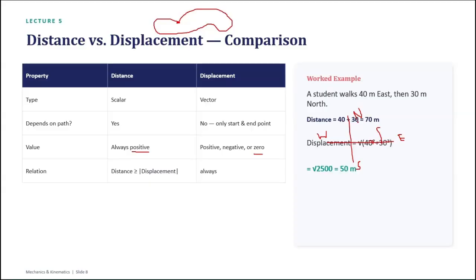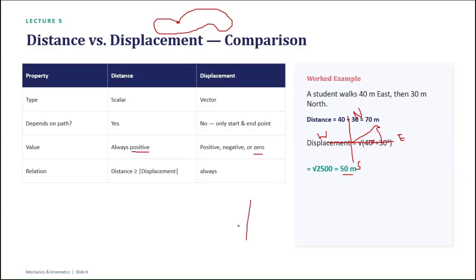So distance is 40 plus 30, which is equal to 70 meters. But displacement can be calculated from here, like this is the total displacement from here to here. So using the Pythagoras theorem, we can say that the square root of 40 squared plus 30 squared is equal to 50 meters. So 50 meters is the displacement covered, because displacement is always in a straight line.